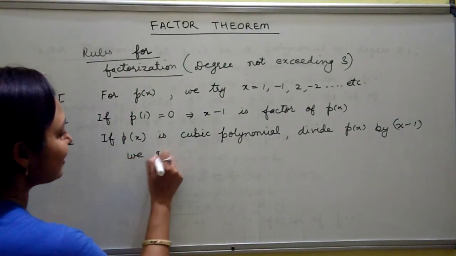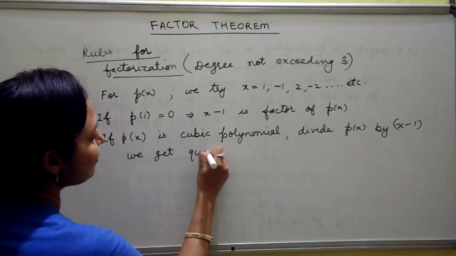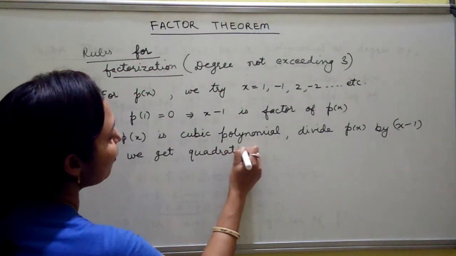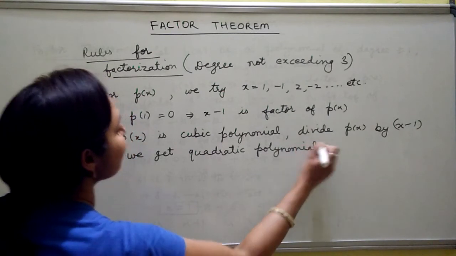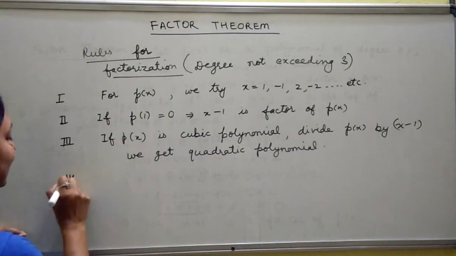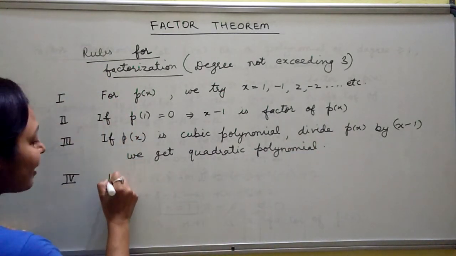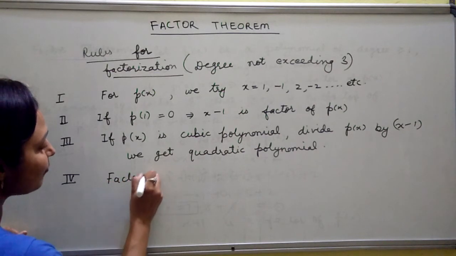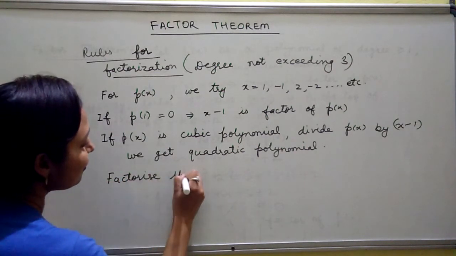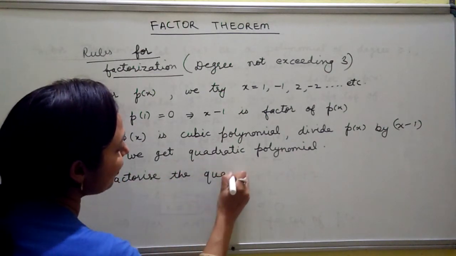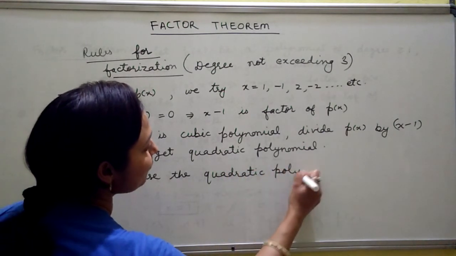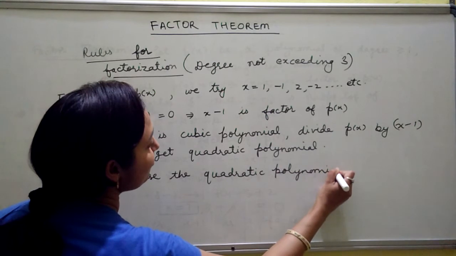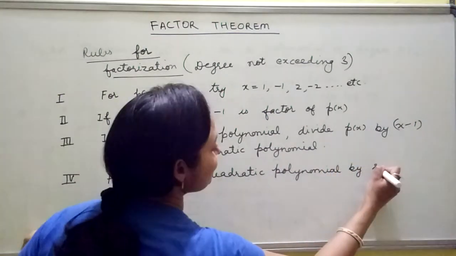We get a quadratic polynomial. Fourth and last step, factorize the quadratic polynomial, which we get, by splitting the middle term.